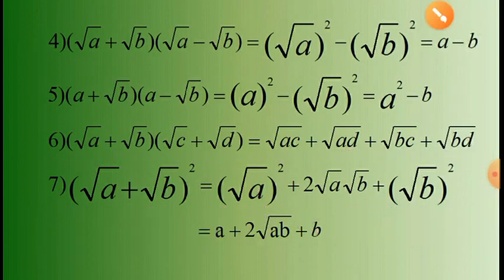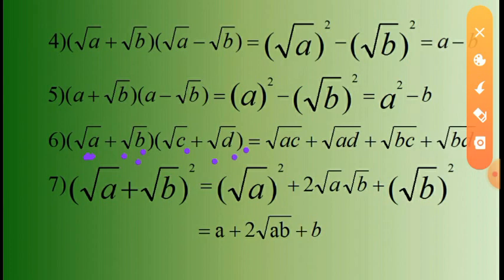That means whenever all the terms are different, directly you can use your distributive property. First term multiplied with this bracket, whatever the sign, plus that term multiplied with the second bracket, and simplify.